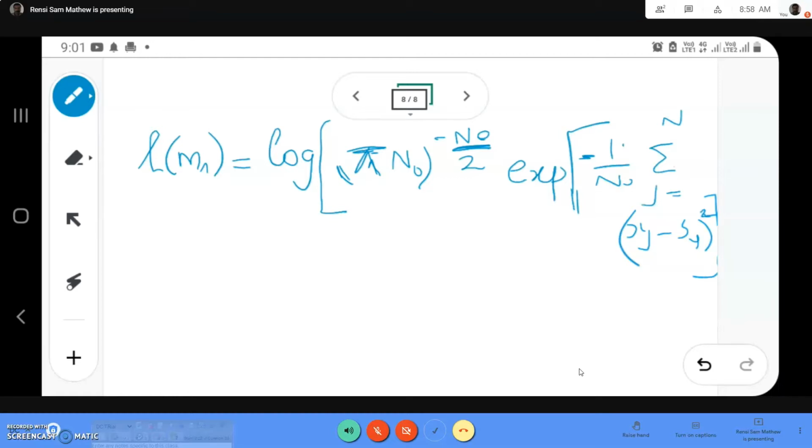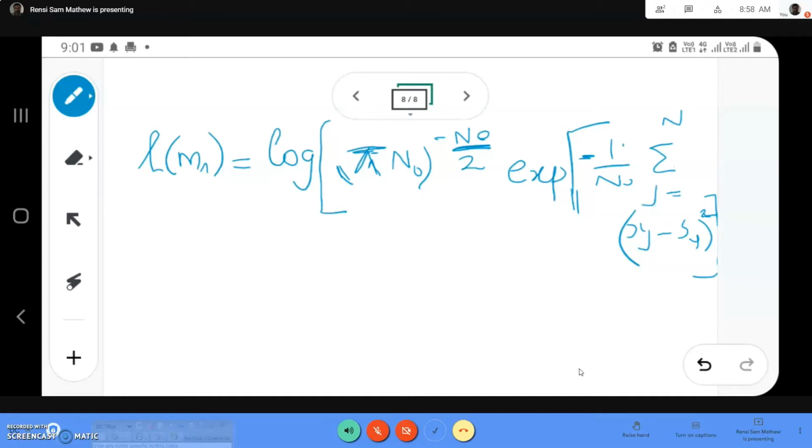When you take the logarithm, log of a into b is log a plus log b.